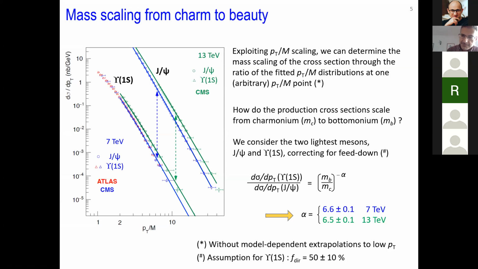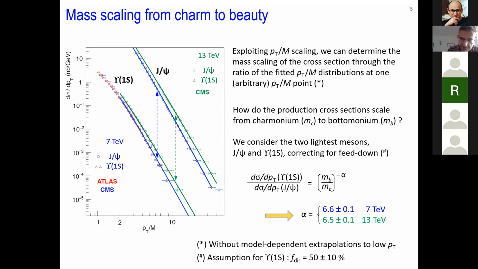The masses are the closest to the simple double of the mass of the heavy quark. And we have the 13 and 7 TeV cases in green and blue.